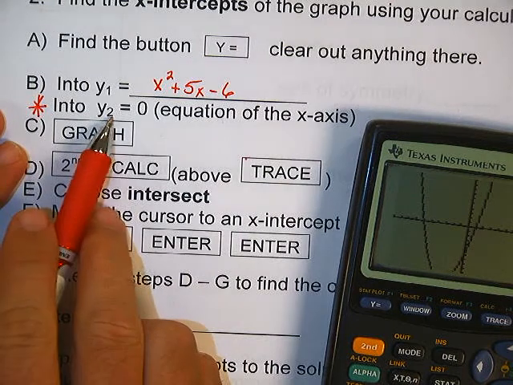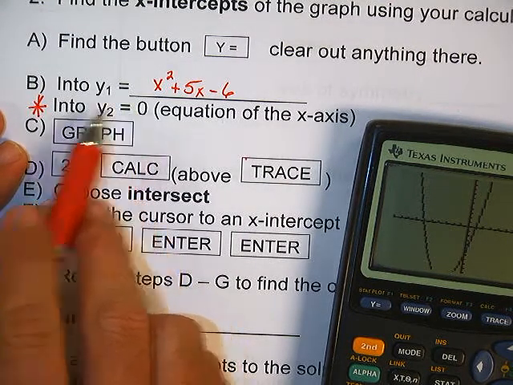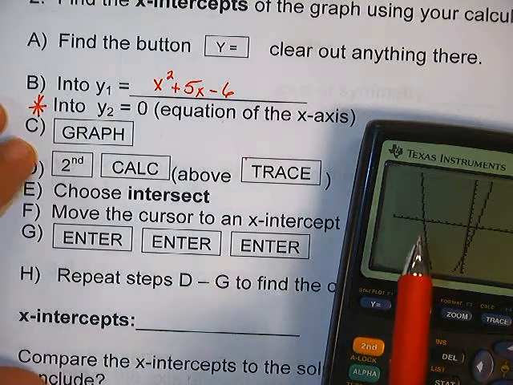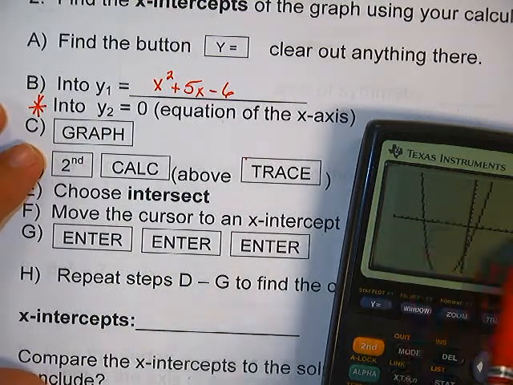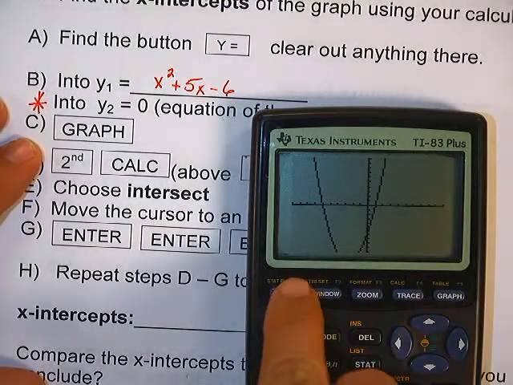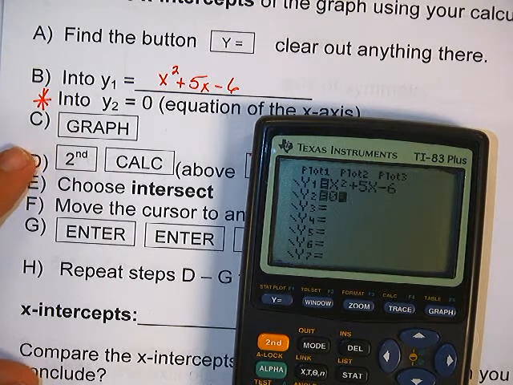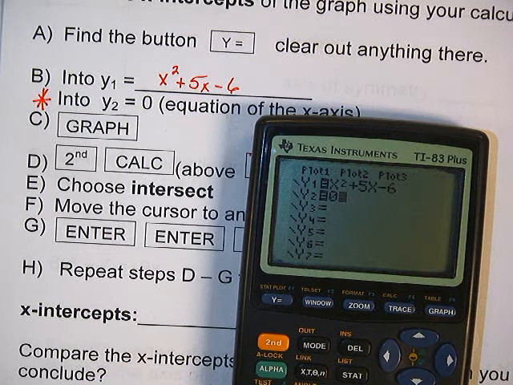It says put y sub 2 equals 0. Y equals 0, that's the equation of the x-axis. Horizontal line that crosses the y-axis at 0. So go back to y equals and put y sub 2 equals 0. Now we can get the calculator.